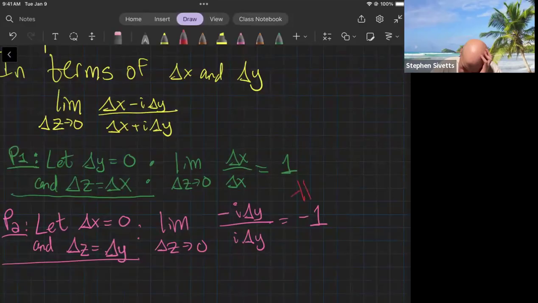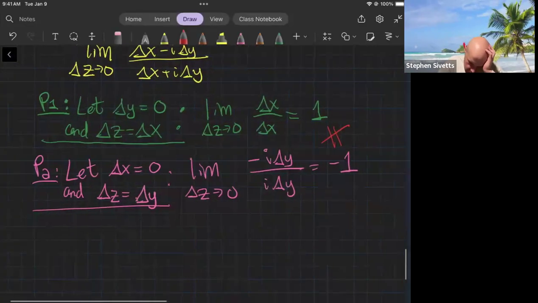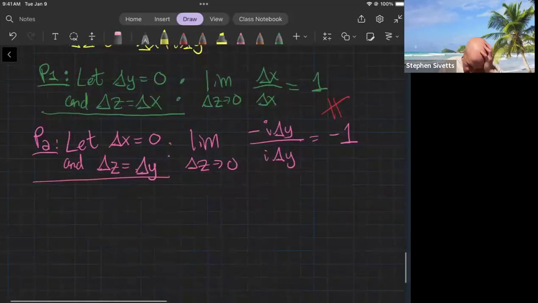So these numbers do not equal, right? Those approach different values.